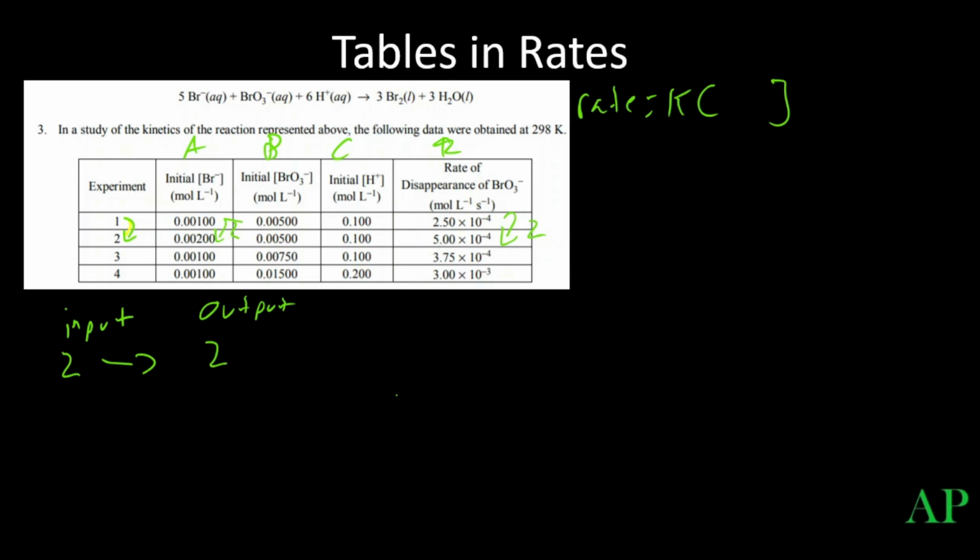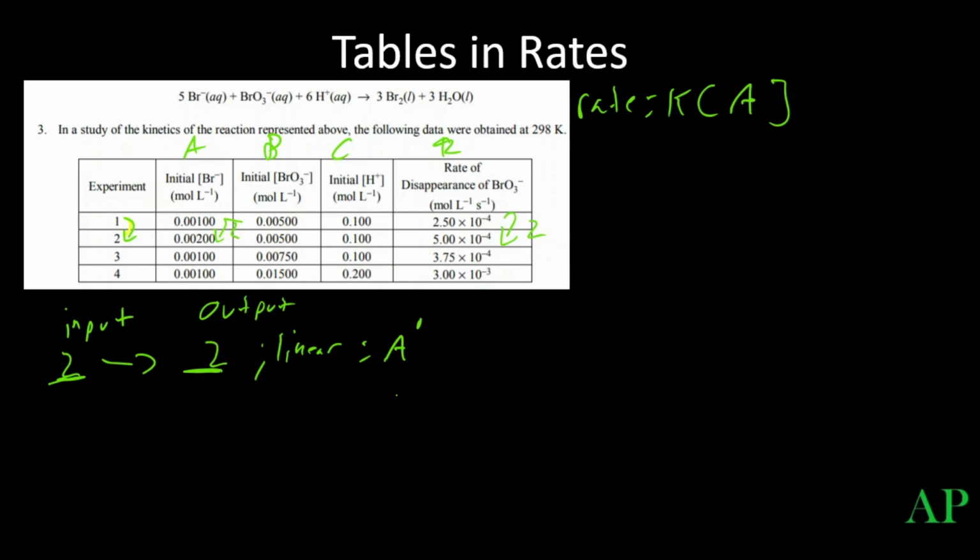Did it reduce by half, times 3, times 4, times 1.5? Just multiples for each value. Because my input doubled and my output doubled, this is going to be a linear relation. So a first order relation. A is going to have a dependency to the first power.